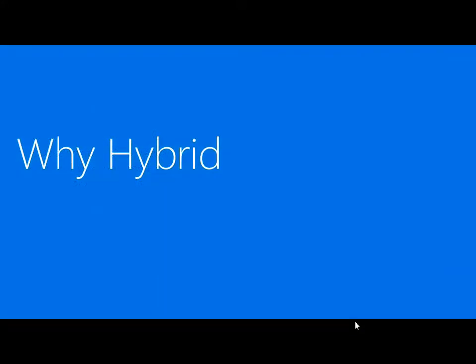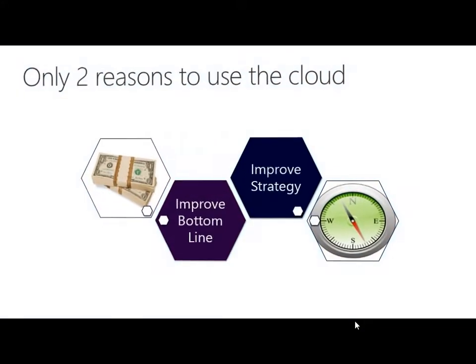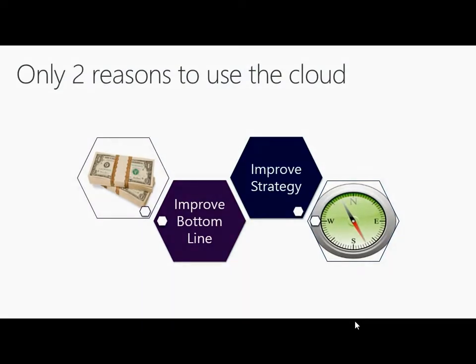So now let's take a look at why would you choose hybrid cloud, and what are some things that we need to look at when we see it. At the end of the day, at any cloud scenario, whether you're going to a pure cloud environment, or you're going to a hybrid environment, or you're going to a pure on-premise private cloud, why do you choose this? There's only two reasons, really, at the end of everything that we talk about today.